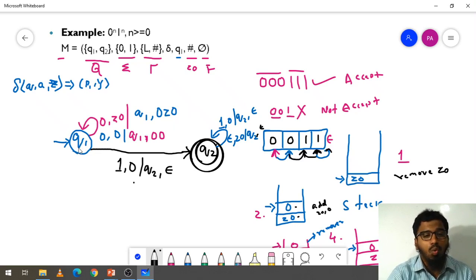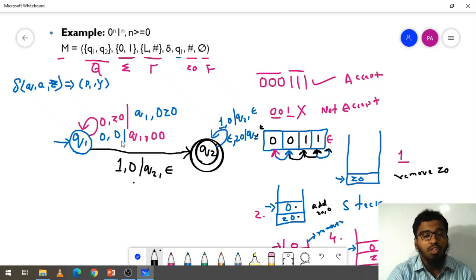Next, in Q1, our header is moved to the next symbol, that is 0, another 0 comma, and what is at the top of the stack is 0 only.